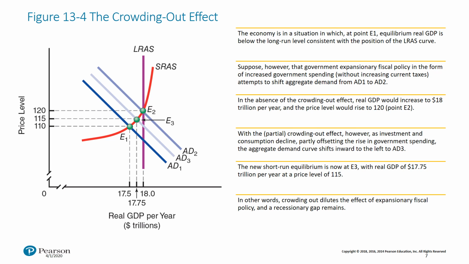The new short-run equilibrium is at E3 with the real GDP of $17.75 trillion per year at a price level of $115. So we can say in conclusion that crowding out actually dilutes the effect of expansionary fiscal policy and a recessionary gap remains.